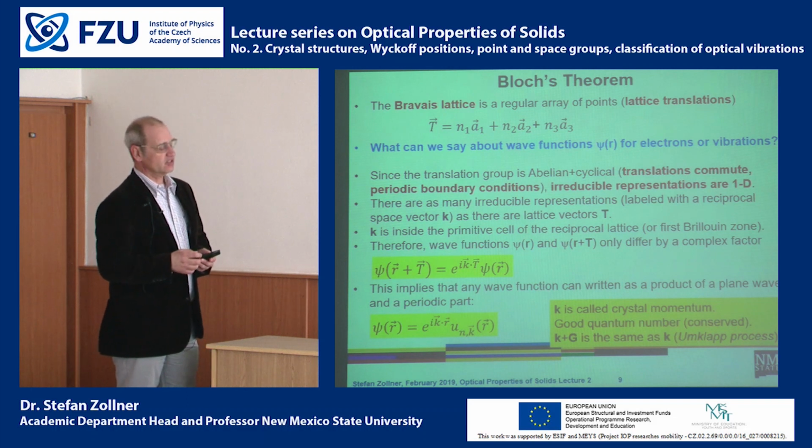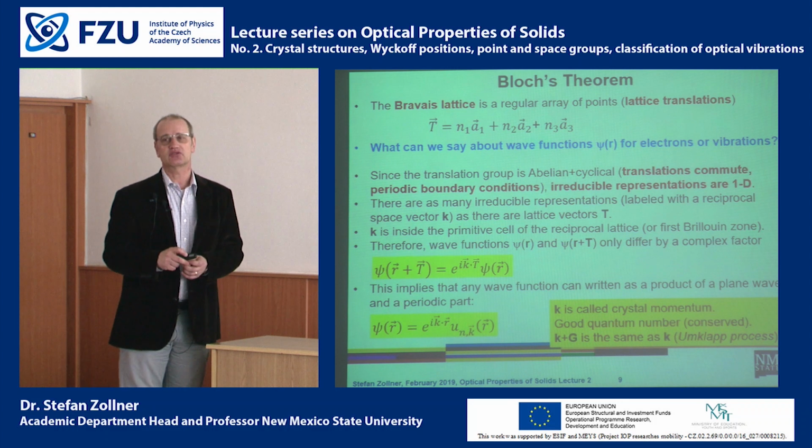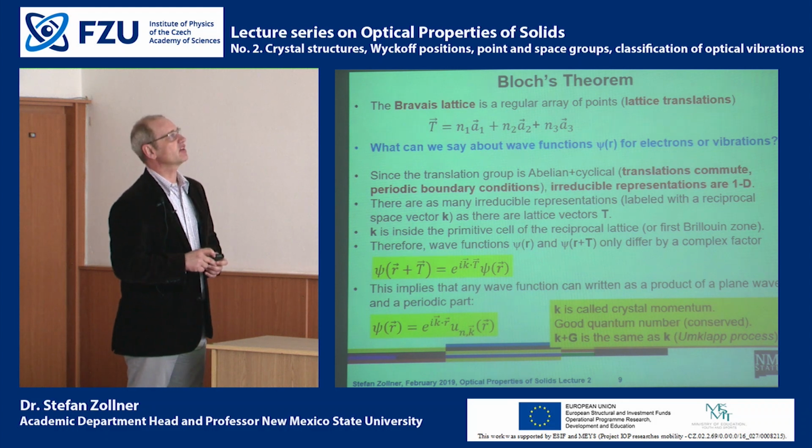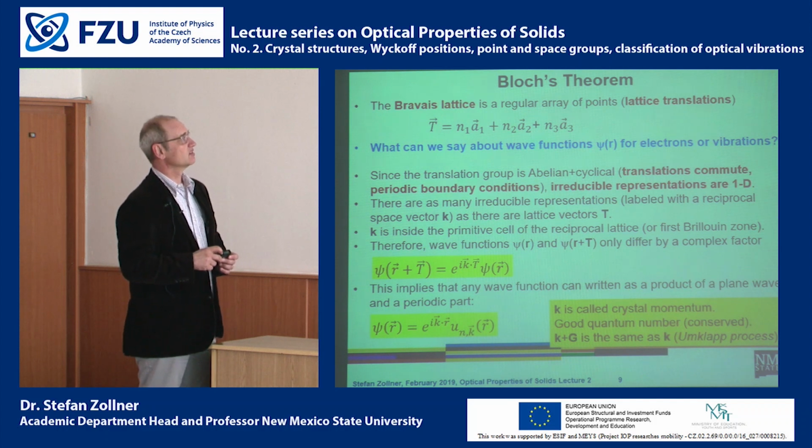We can apply this theory of representations to the translational invariance of a crystal. And the question here is, what can we say about the wave functions for electrons or for lattice vibrations based on the translational invariance of the crystal?